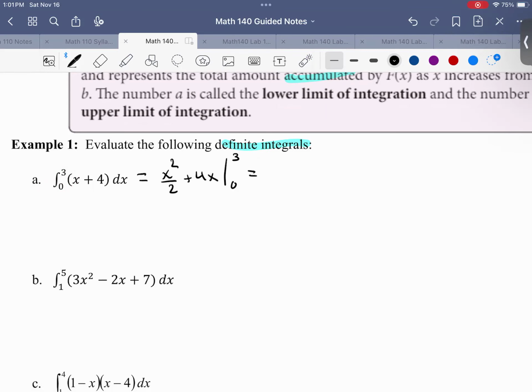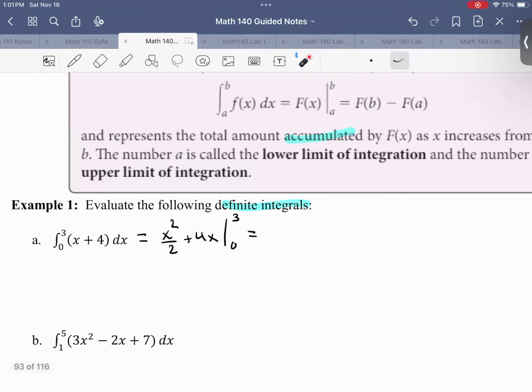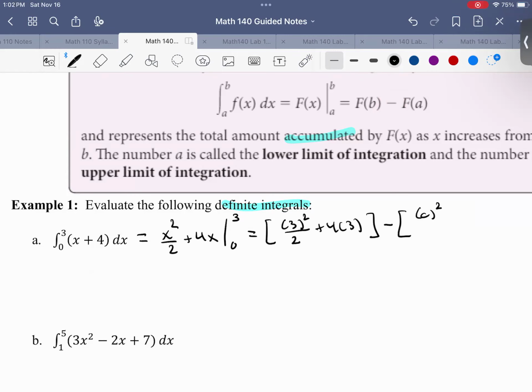We're accumulating. So this would be from 0 to 3. Okay, so what we're going to do now, following our fundamental theorem of calculus, is evaluate at each of these endpoints. I like to put brackets just to keep them separate because there is that subtraction going on. So this becomes 3 squared over 2 plus 4 times 3, minus 0 squared over 2 plus 4 times 0.